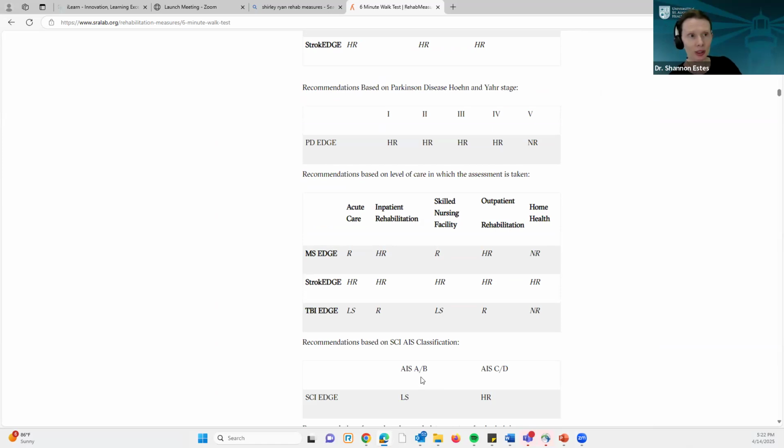Now, remember, a traumatic brain injury can be as mild as a concussion to severe, minimally conscious, right? So that's a big span. If I have someone that has a concussion and maybe endurance is one of their limitations, or increased heart rate is one of their exacerbating factors, even though it's not necessarily supported strongly in acute care, I may choose to do it there and compare them to themselves.